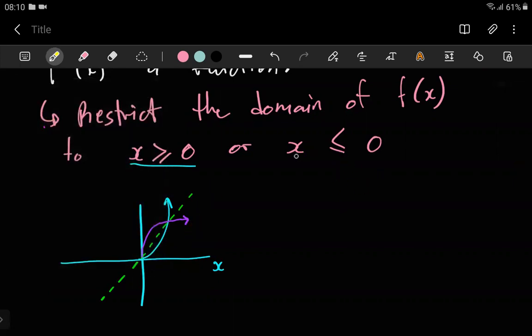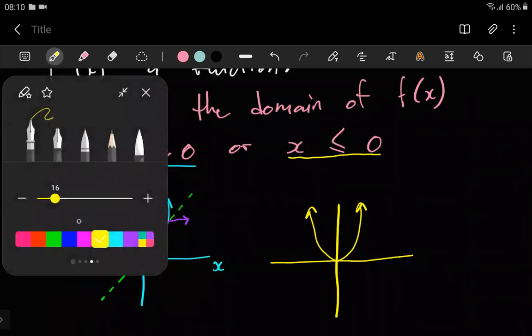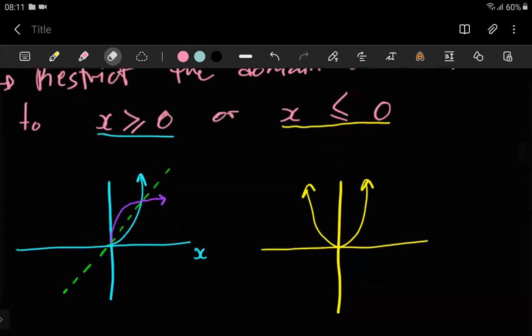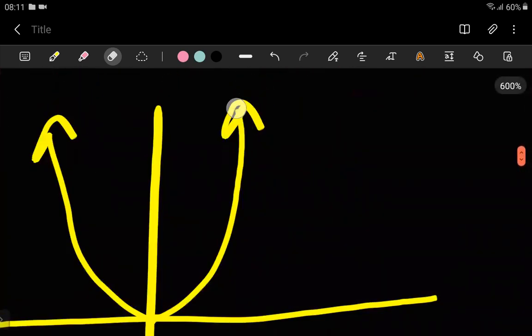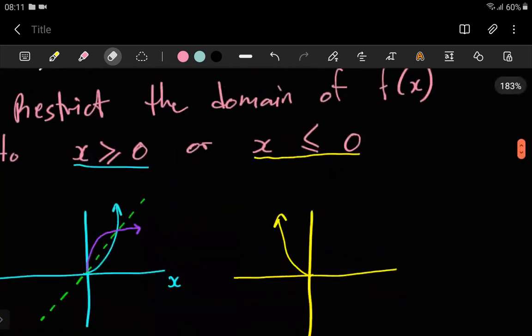The other option is if you restrict it to x being smaller or equal to 0, if you only consider the domain where your x values are smaller or equal to 0. So if you do that, instead of having a full image like this, you are only going to be seeing the parts where your x values are smaller or equal to 0, meaning this you won't be seeing, and then this is the only thing you will see.